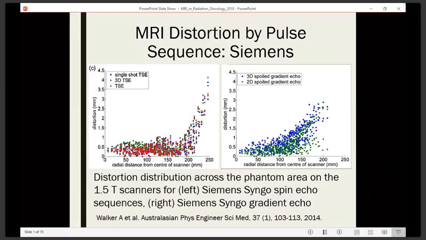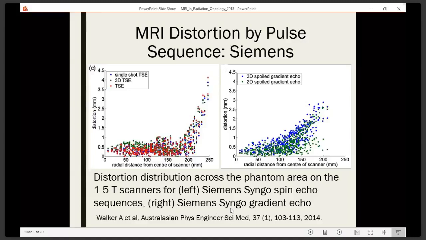You can see the susceptibility distortion caused in the gradient echo is generally greater than in the spin echo, the fast spin echo, at least until you get out to the periphery. And the reason for that is the fast spin echo has all those 180-degree refocusing pulses. And they refocus a lot of the problems due to just susceptibility that contribute to distortion.